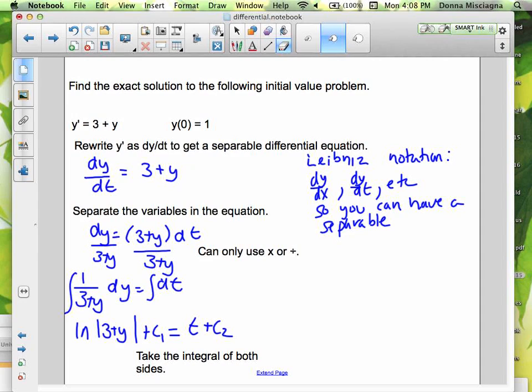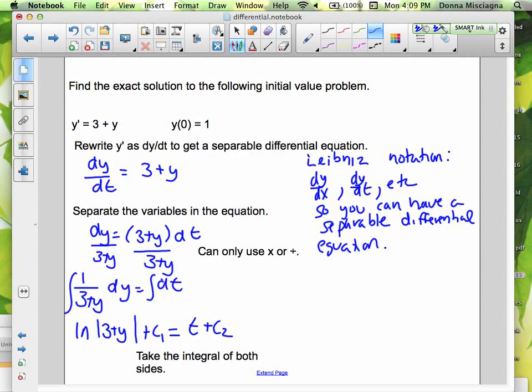Differential equation. There we go. Oh, that makes sense. Oh, d. Oh, we're smart. Yeah, separable differential equation.